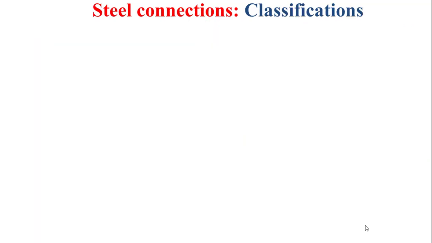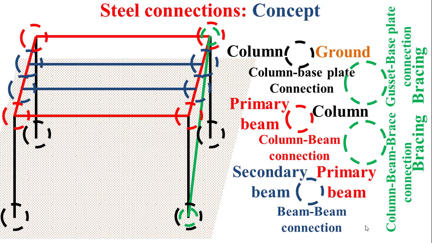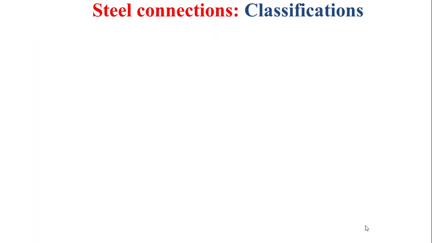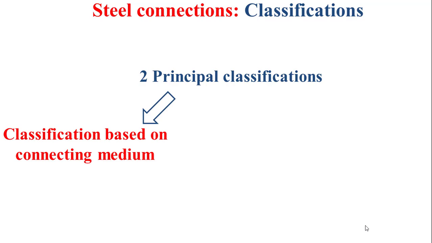Now I'll talk about the classifications of steel connections, and as you noticed, I already classified the steel connections into column base plate connections, column beam connections, beam beam connections, gusset base plate connections, column beam brace connections, but there are two other more significant classifications, which are the classification of steel connections based on connecting medium.